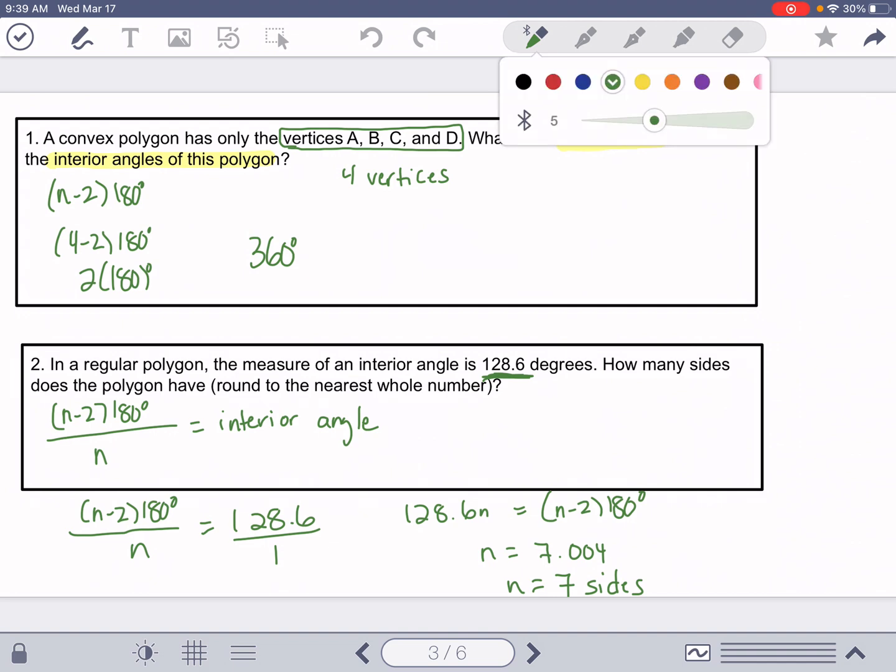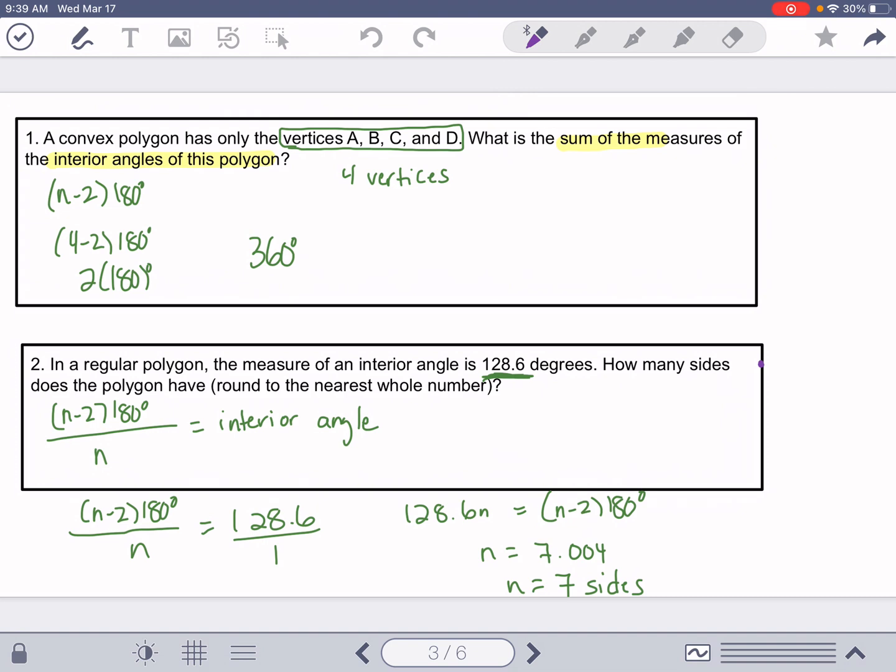Another way you can do this problem, and I'm going to do that in purple. Remember how I said an interior angle and an exterior angle equaled 180?